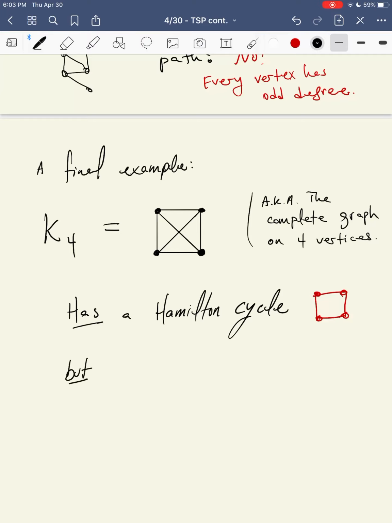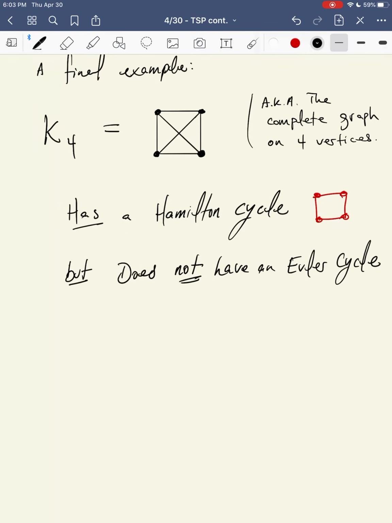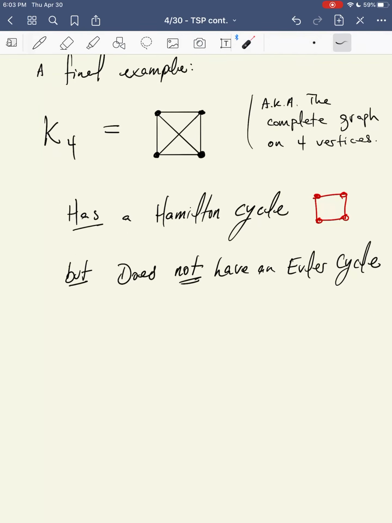But does this have an Euler cycle? No. Because if ever we try and do every edge exactly once, that's what we want to start at one vertex, trace every edge exactly once. Doesn't matter if we go to the same vertex twice. We just want to trace every edge exactly once and get back to the start. So let's try it.